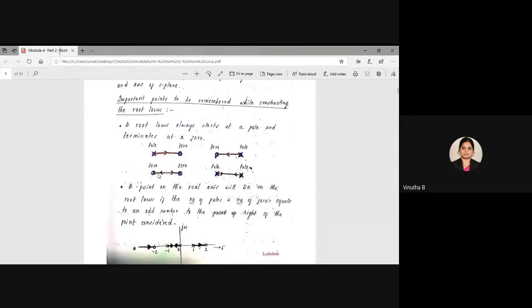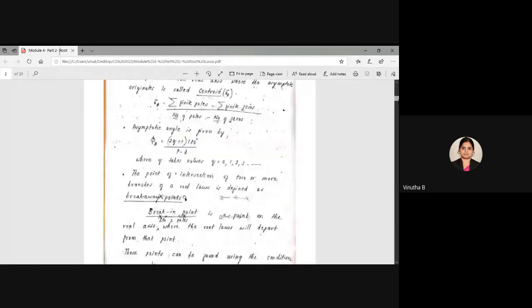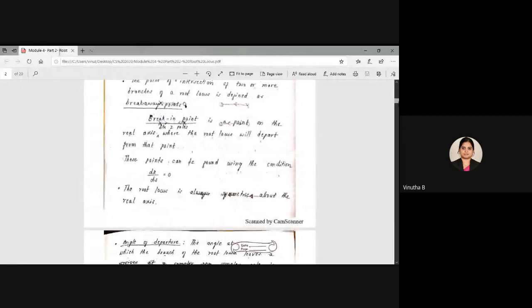When you have two zeros, then you will get a break-in point. So where is that? Here. Break-in point is a point on the real axis.